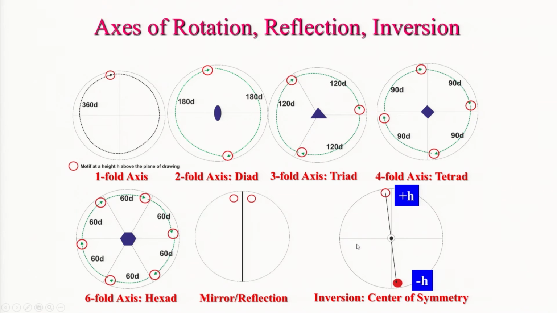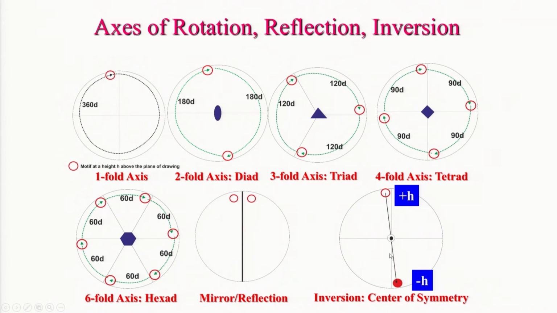And now, you have the inversion here. So, you see that this symbol tells you that this is a motif which lies at a height h above the plane of drawing. So, in case of inversion, what will it tell? Inversion center is here. So, I will join this motif which is lying at a height h above the plane of drawing with the center, and I will now project it in the opposite direction.